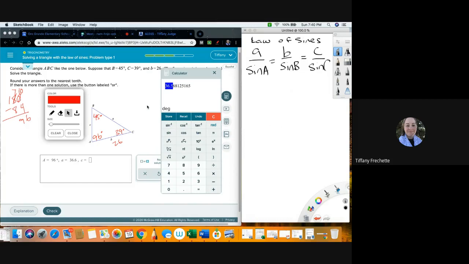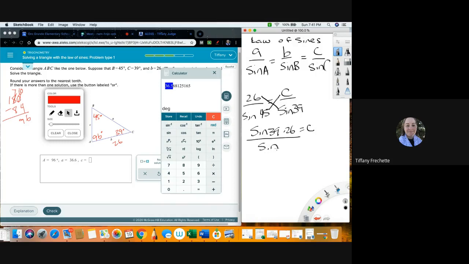So now we're going to try to find C. So again, we're going to use B again because we didn't round that one. So sine of 45, because angle B is 45, equals, we don't know C, but we do know angle C is 39. So remember, we're going to multiply these two. Sine of 39 times 26 equals C. We'd multiply these two, and then it would be on this side, so we'd end up dividing it over here.